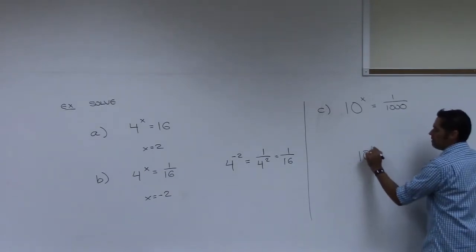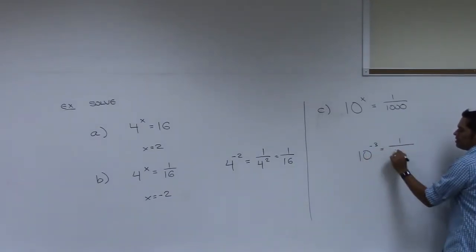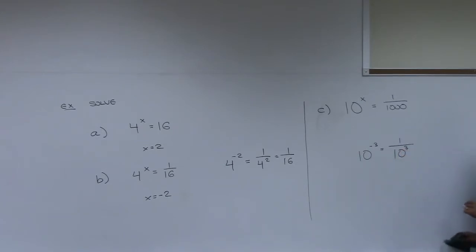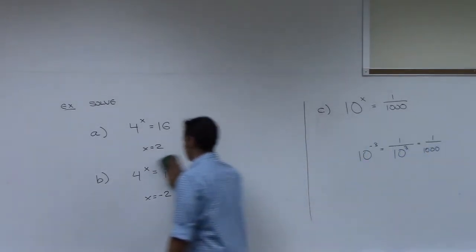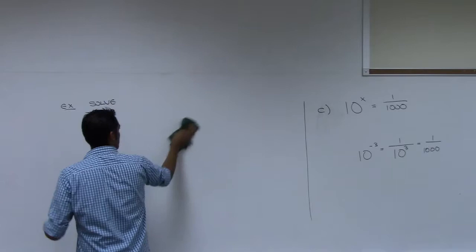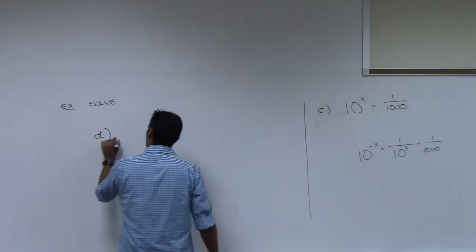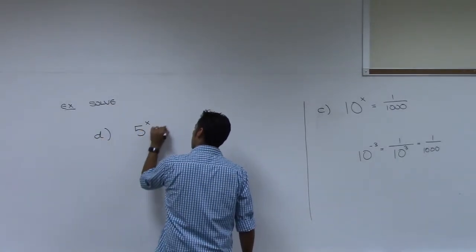What's 10 to the -3? Well, that's 1 over 10 to the third. And that's 1 over, well, 10 times 10 is 100, times 10 again is 1,000. So this would be 1 over 1,000. Do y'all see that? Okay. So that one's a little harder. Okay, how about this one? How about 5 raised to the x is 10?